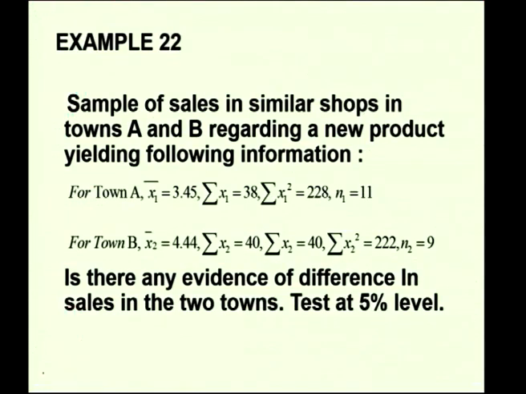first of all we set up H naught: mu 1 is equal to mu 2, there is no difference. What is the question? Is there any evidence of difference in sales in two towns?